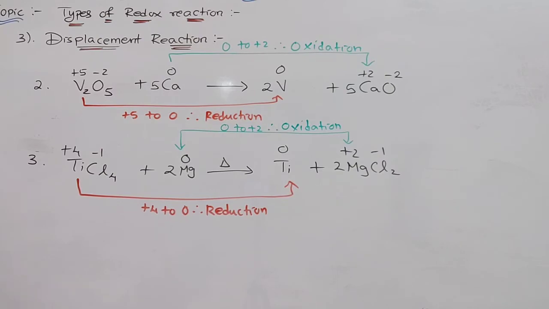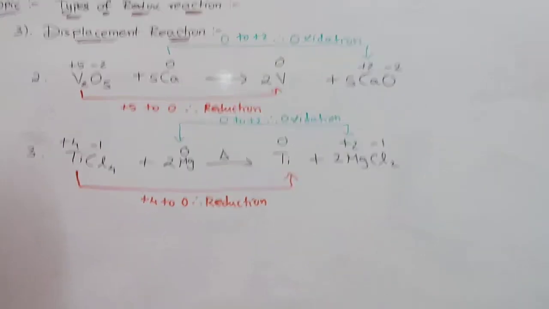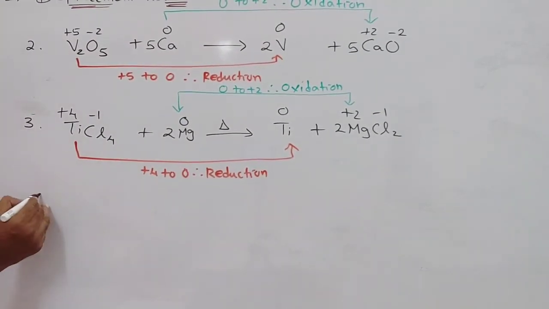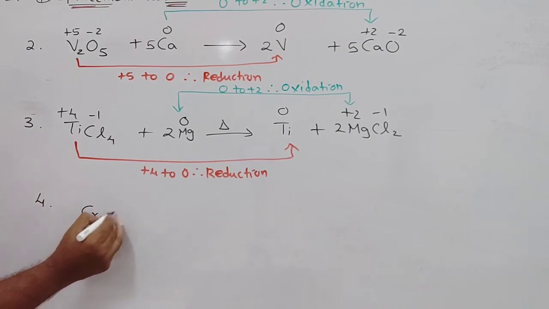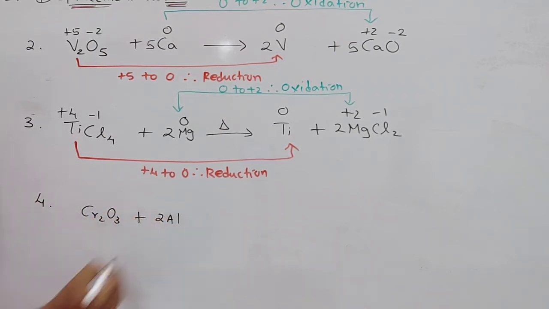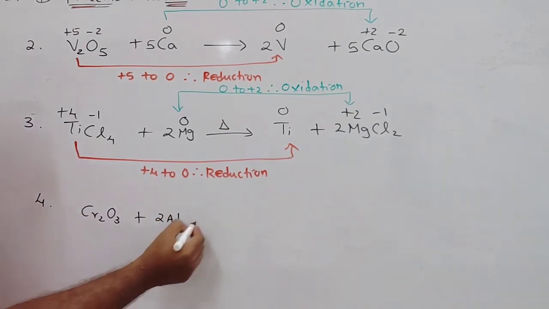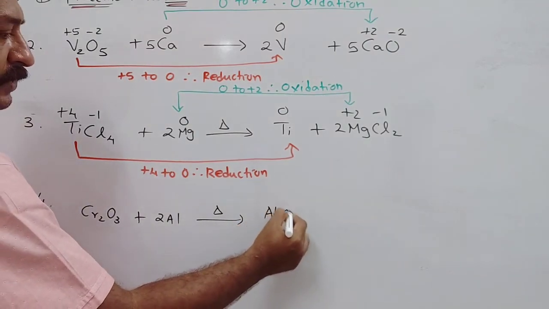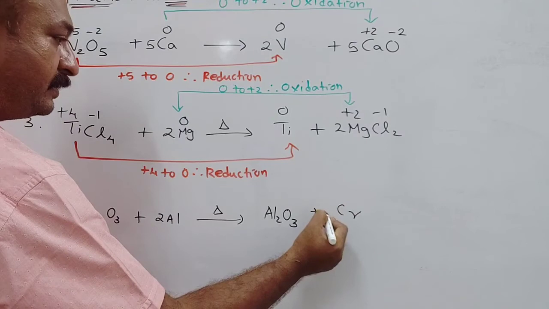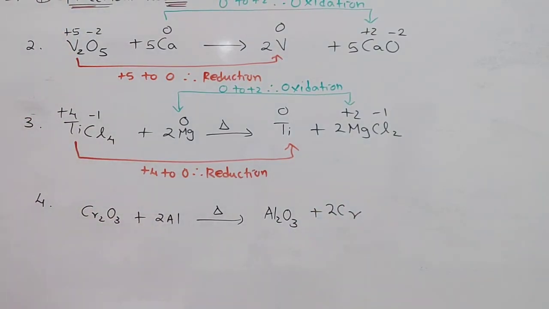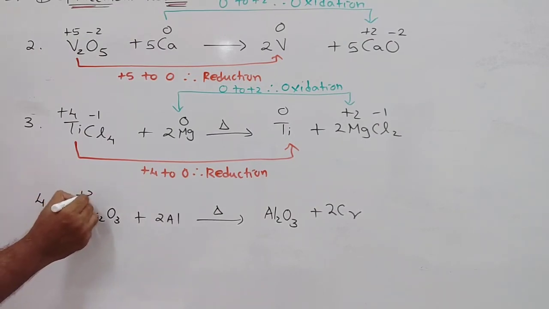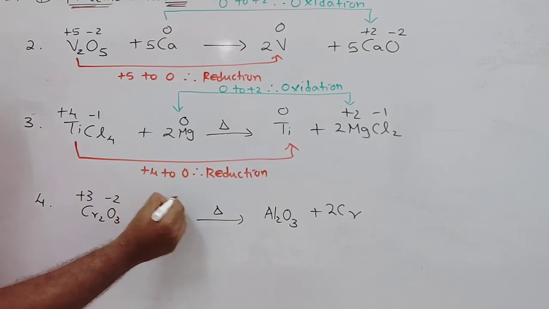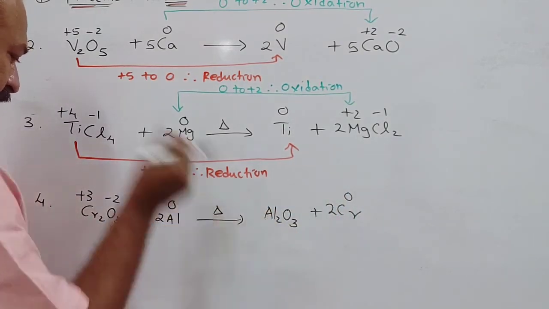One more example is given, the fourth one, chromium oxide: Cr2O3 plus 2Al gives Al2O3 plus Cr. Here we can write 2Cr. The other things are balanced. In this case, chromium is +3, oxygen -2, 0, this also 0.